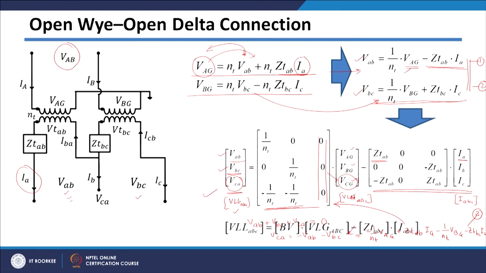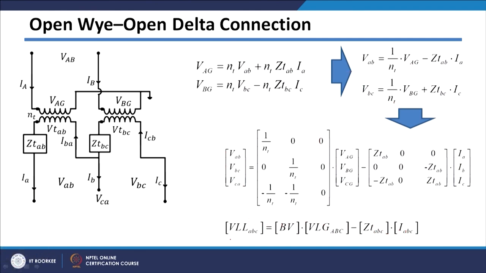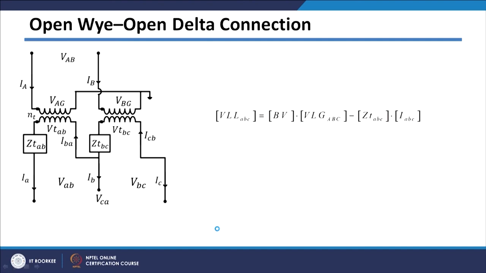So this will be actually VLL ABC. This I am calling BV matrix because it is a little bit different than our earlier AV matrix, and here this is VLG capital ABC because line to ground voltages, and these are line currents. So here we need to convert these line to line voltages into line to neutral voltages.